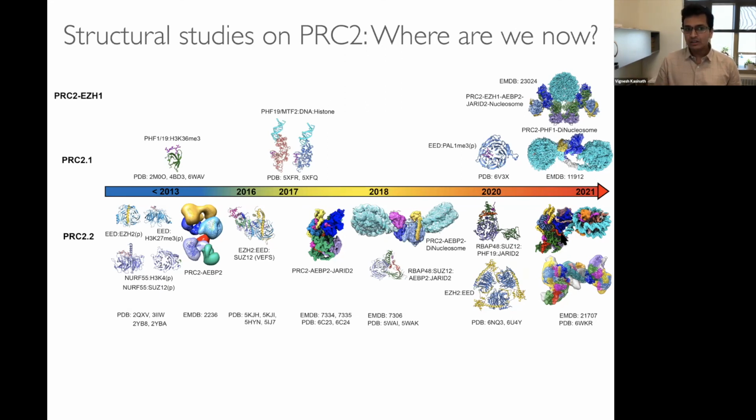But I would say the interaction interface specifically with the CpG DNA is minimal compared to the primary interface, where the catalytic site, as well as this new bridge helix that we see now, interacts with the nucleosome DNA. That is the dominant interface.